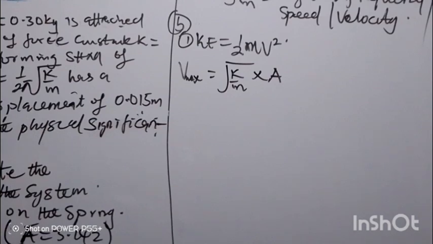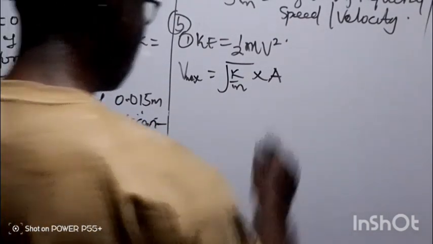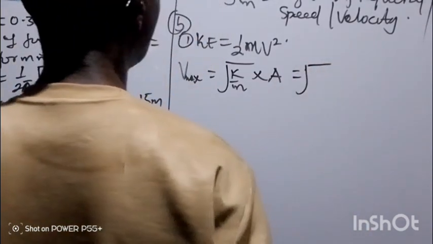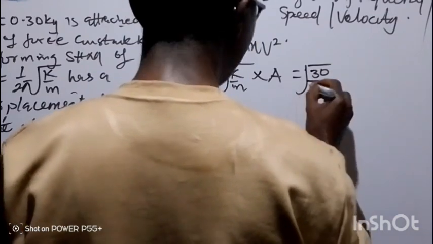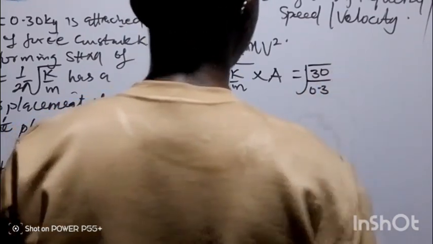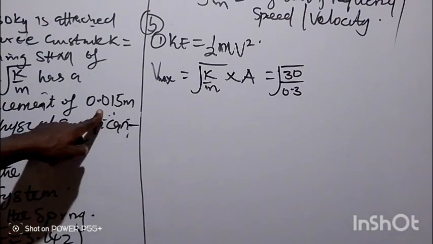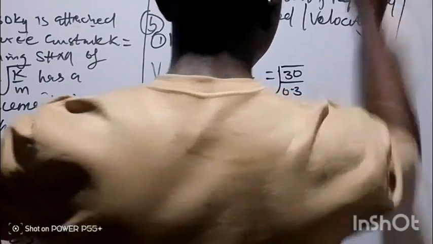If that is the case, then we have square root of K, given as 30, over M, given as 0.3, and A, according to the question, the amplitude is 0.015, multiplied by 0.015.